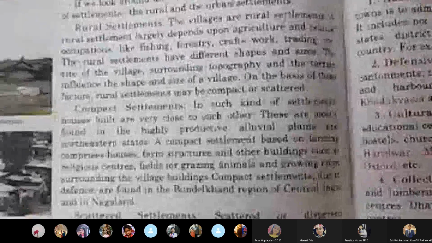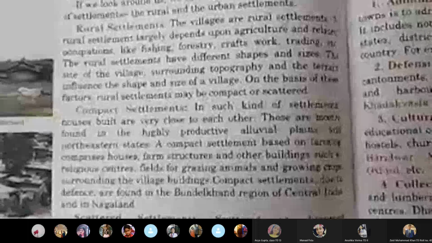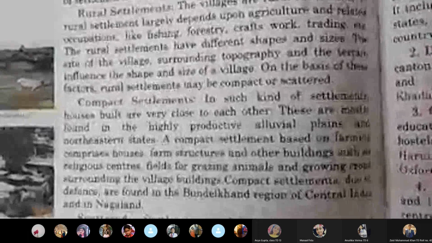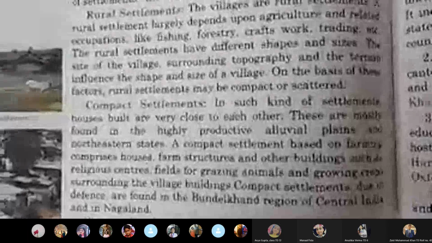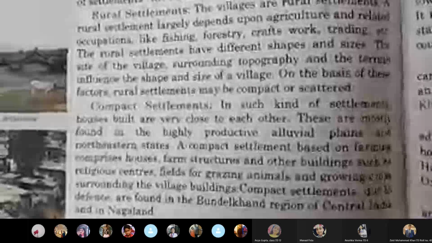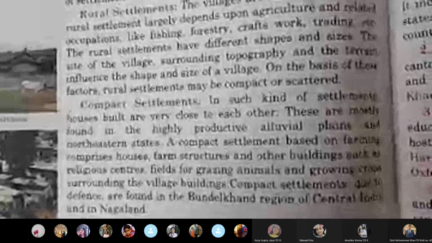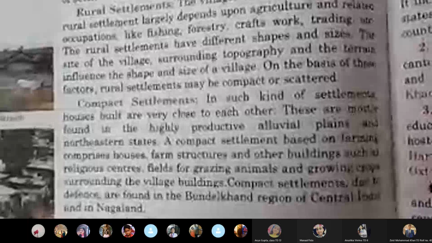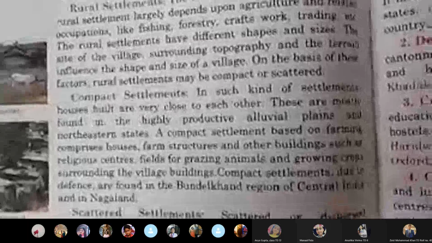On the basis of these factors, rural settlements may be compact or scattered. Rural settlements means settling in a village. On the basis of the work they choose, it could be overcrowded, that is a compact settlement, or scattered, that means far away from each other's houses.